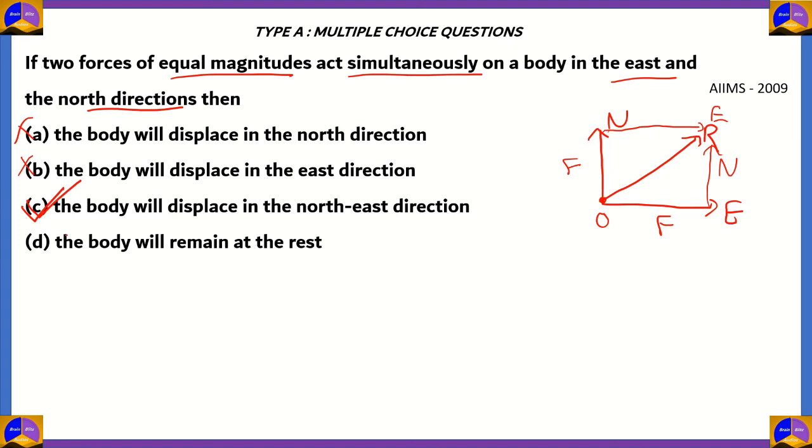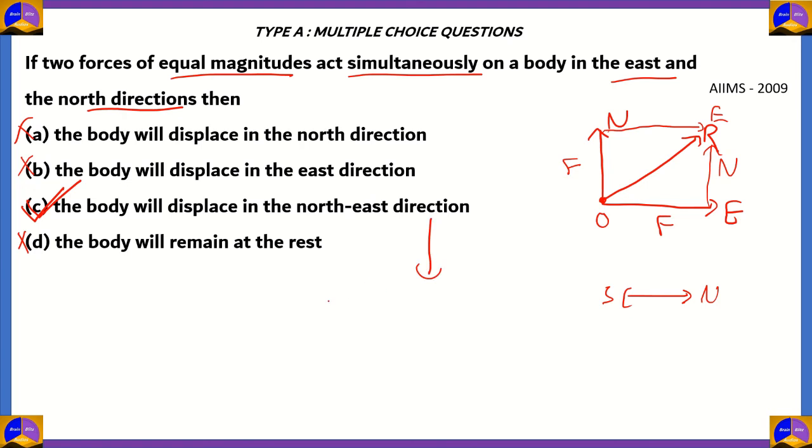For option D, the body to remain at rest, either both of these magnitudes must be equal to 0, or the direction must change. If the direction is, say, north-south or west-east, then if you have forces of equal magnitudes, the body will still remain at rest. So therefore, option D is also incorrect. The right answer is option C, the body will displace in the northeast direction.